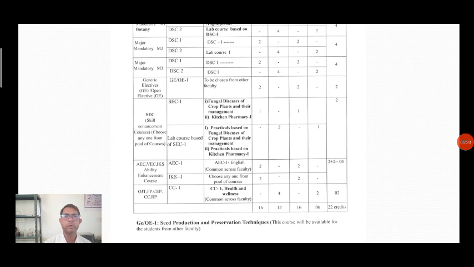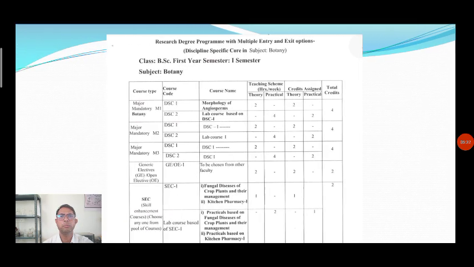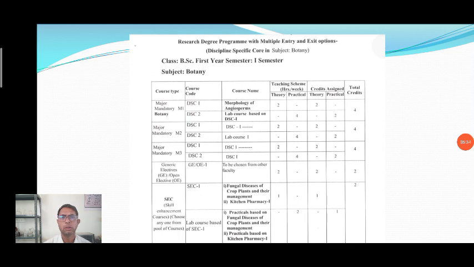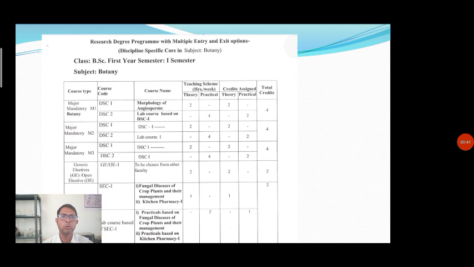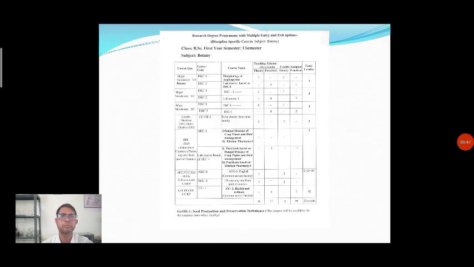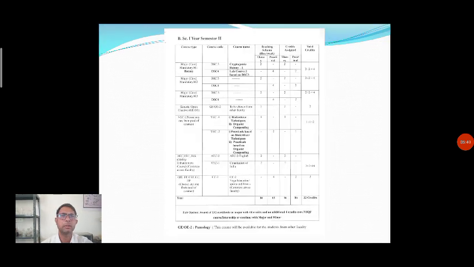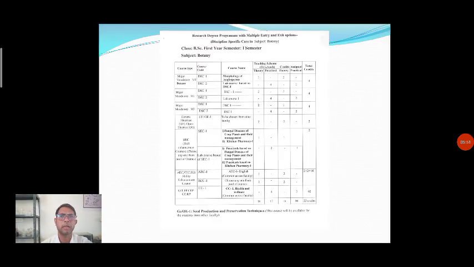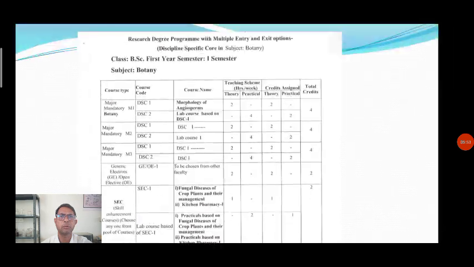Likewise, this syllabus is designed for the BSc first year first semester student from 2024-25. Now when we take a look at the second unit, there is another parameter that can be added in this particular part.